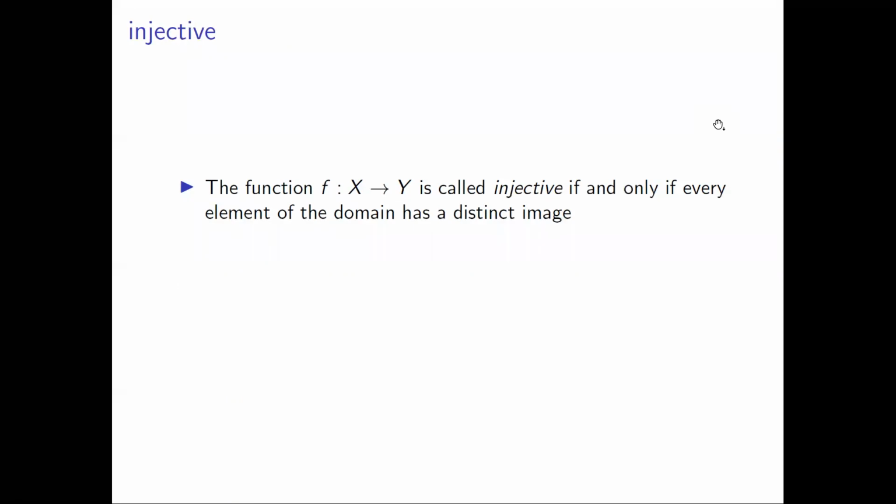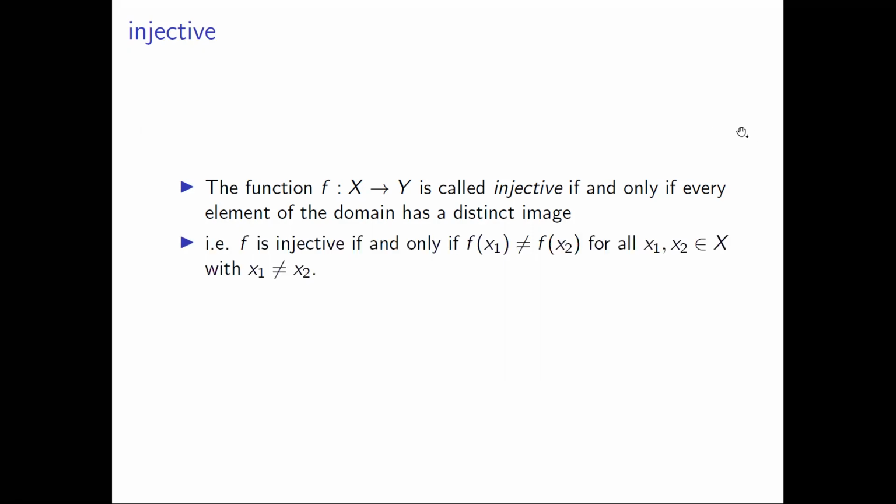The function f from X to Y is called injective if and only if every element of the domain has a distinct image. In math symbols, f is injective if and only if f of x1 does not equal f of x2 for all x1, x2 in big X with x1 not equal to x2.